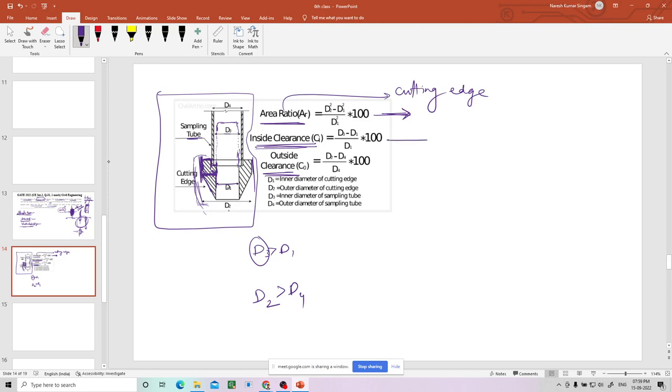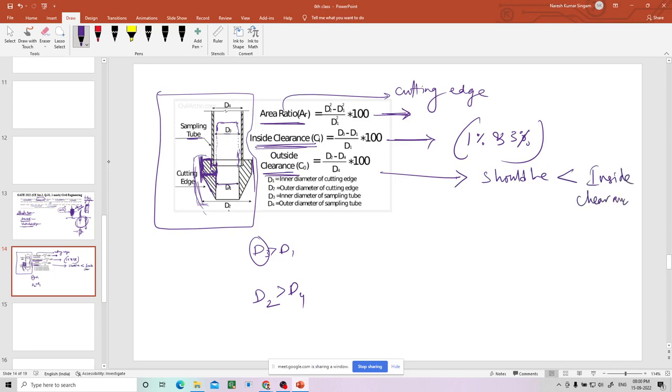So what are the ranges? Inside clearance should be in between 1% and 3%. This should fall in this range, 1 to 3%. And outside clearance should always be less than inside clearance. This is the rule for the outside clearance.